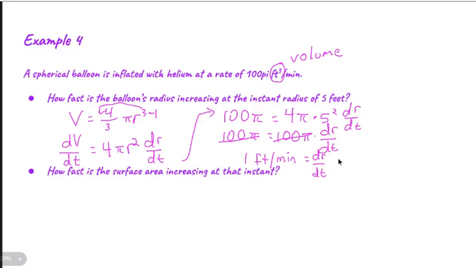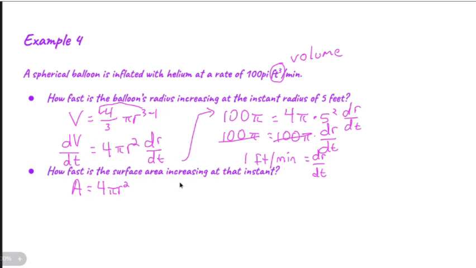Now this one will take the extra mile. How fast is the surface area increasing at that instant? So surface area for a sphere would be 4 pi r squared. Let's take a moment to appreciate that the derivative of the volume is the same as its surface area. I always found that to be an interesting factoid.